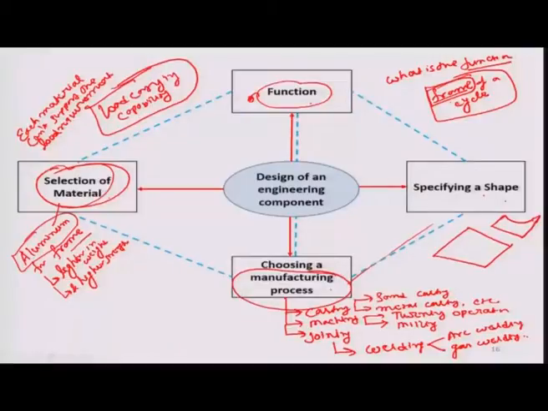Now, a particular shape may not be possible to fabricate by every process. So you will have to select appropriately. This completes all four components: function of your component, selection of material, manufacturing process, and shape.